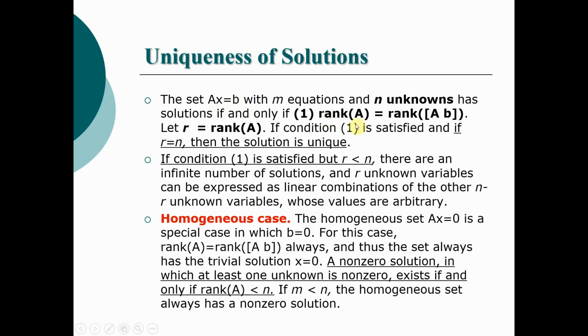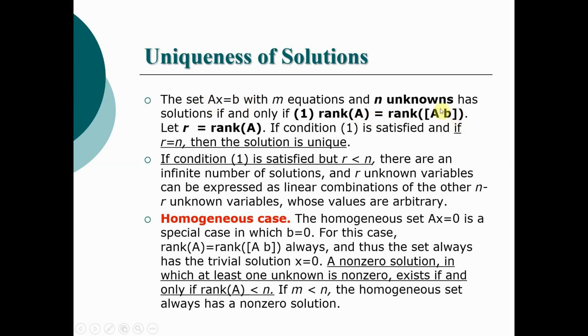If rank of A is equal to the rank of the augmented matrix A and B, if you put B right beside A and find the rank of AB, then we know that this equation has at least one solution, right?